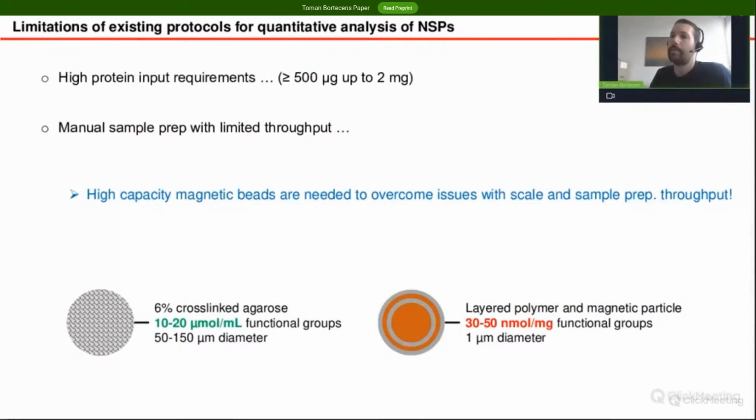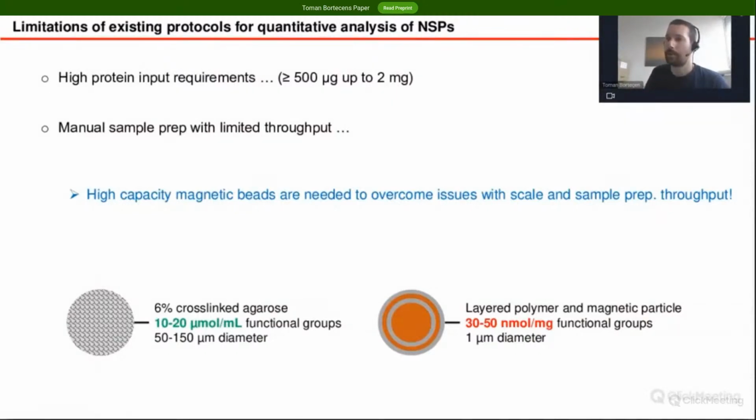Conventionally, we use for these click chemistry-based enrichments cross-linked agarose beads or resin, which has a really high density of functional groups, or alkyne groups in this case. Usually, per milliliter of resin, it will have something between 10 or 20 micromolar of alkyne available. These beads work fantastic, but of course, they require manual preparation, or centrifugation steps are included in most protocols.